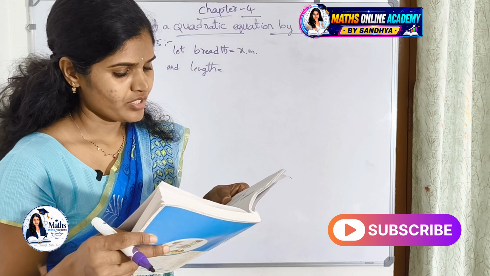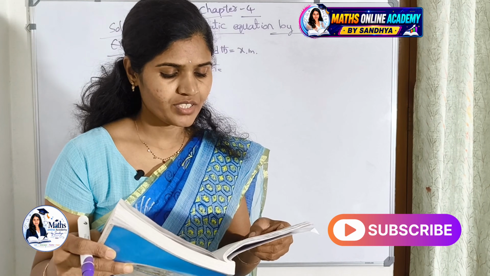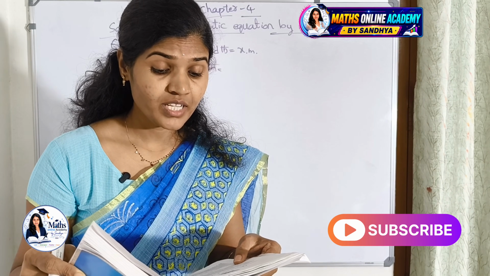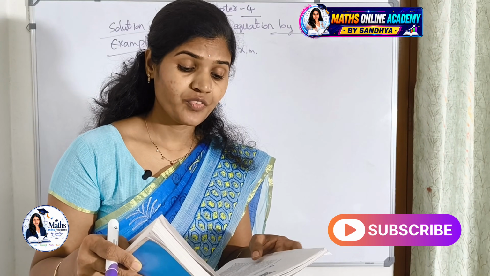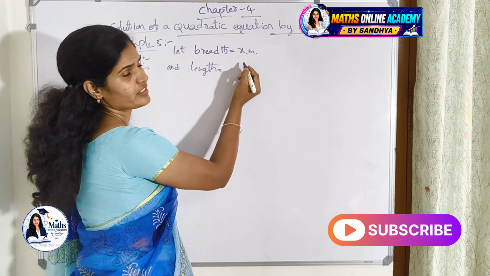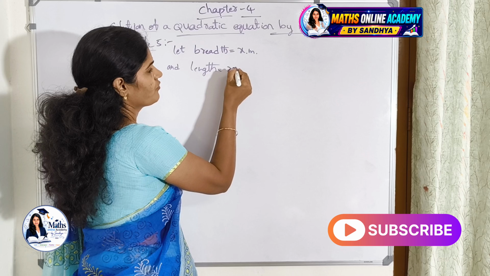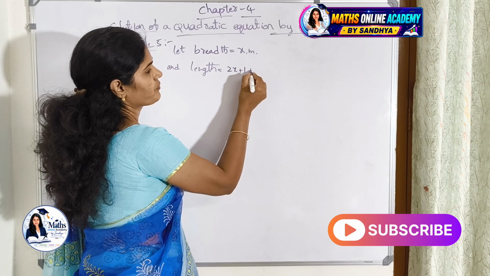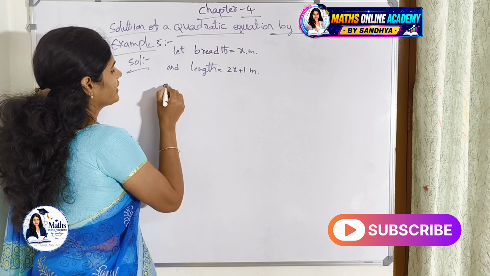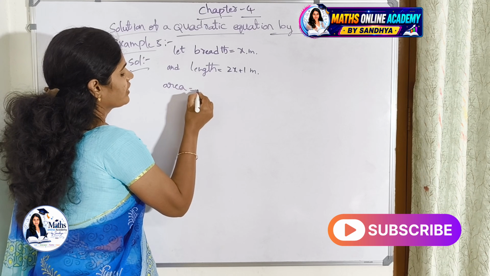Suppose a charity hall having a carpet area of 300 square meters, with its length 1 meter more than twice its breadth. Twice its breadth, one more. Breadth is x, twice means 2x, one more means plus 1. And area equal to what?